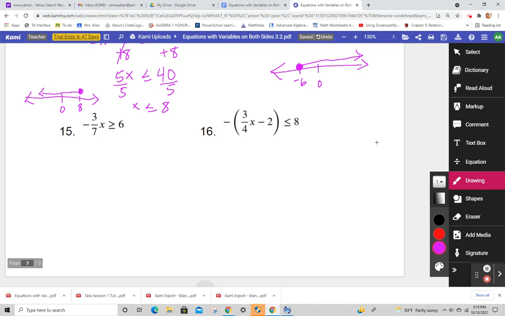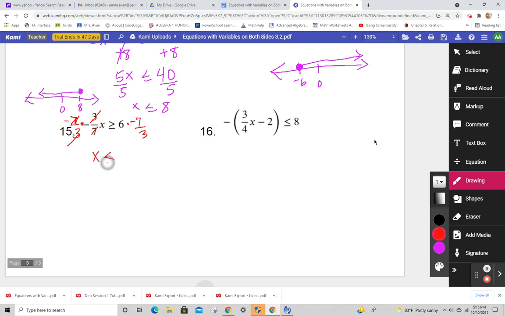All right, number 15. To solve for x, we're going to multiply both sides by the reciprocal, which would be negative 7 over 3. So the 3's would cancel, the 7's would cancel, we'll have x.